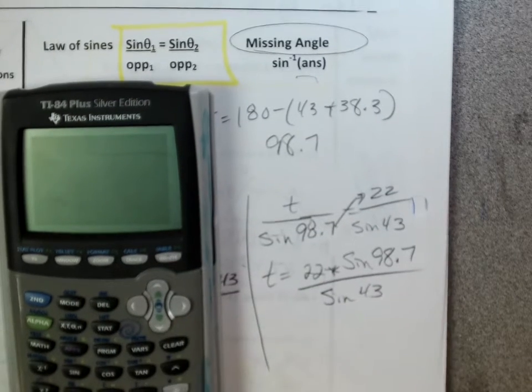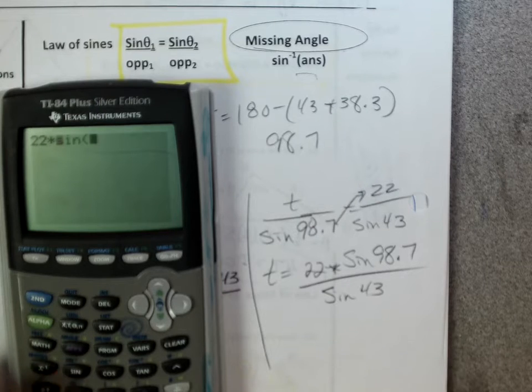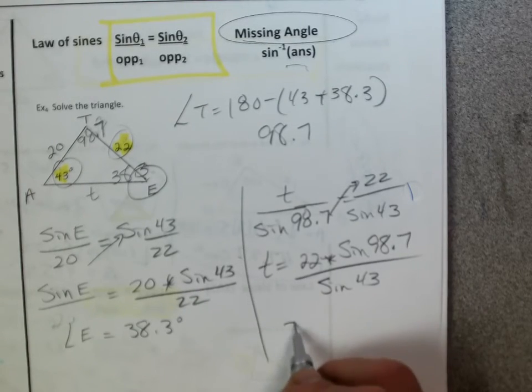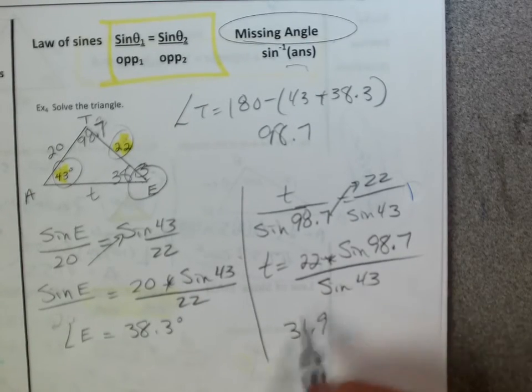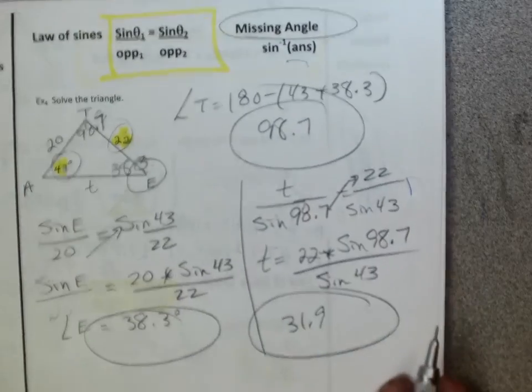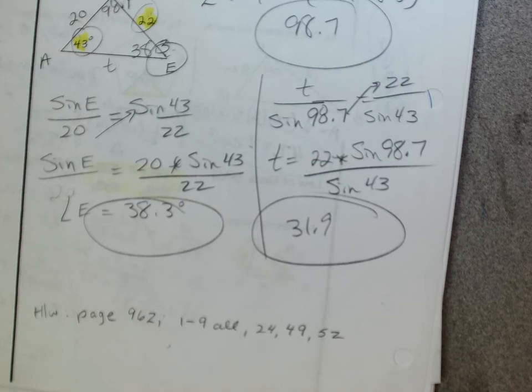So I'm just going to go 22 times the sine of 98.7, close the parentheses, divided by sine of 43, and I get an answer of about 31.9. Not degrees, 31.9. Okay. Not too bad. So, homework today.